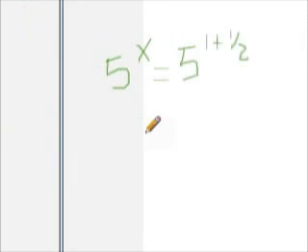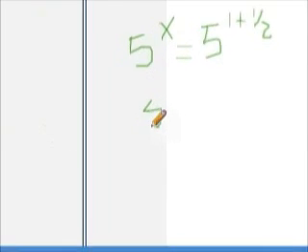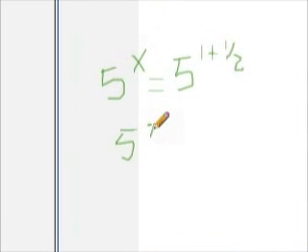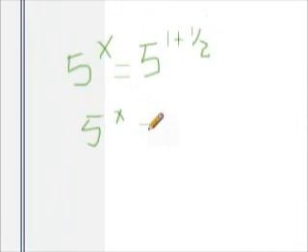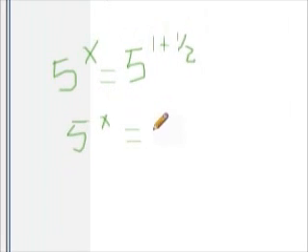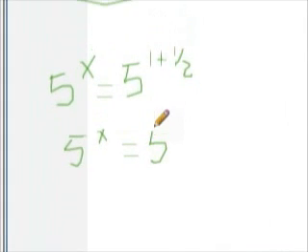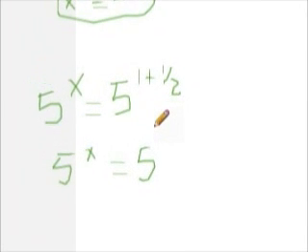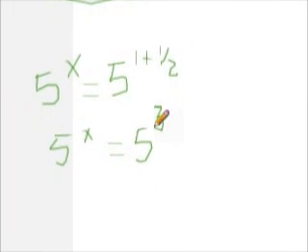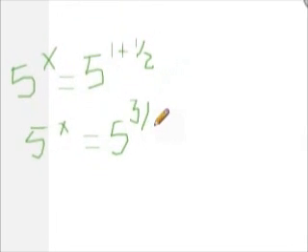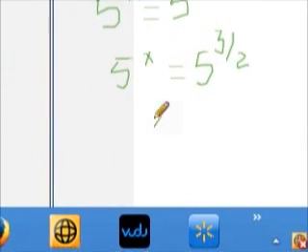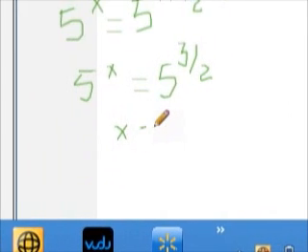So if you see I have 5 to the power of 5, this is gonna give me 5 to the power of 3/2, and that's it. I find the exponent. So the exponent x is 2.5.